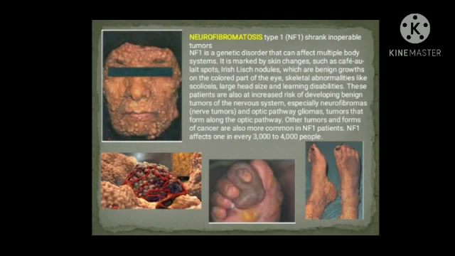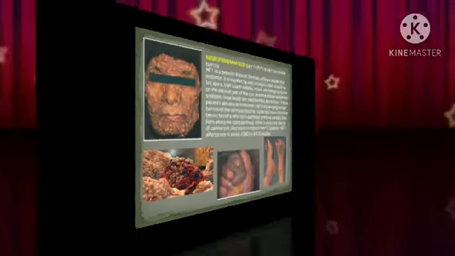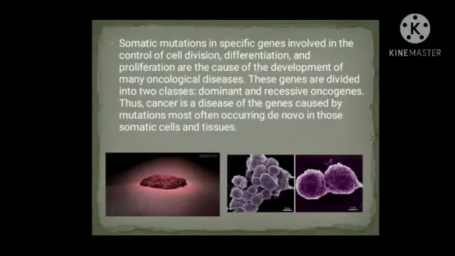It is marked by skin changes such as café-au-lait spots, Lisch nodules, which are benign growths on the colored part of the eyes, skeletal abnormalities like scoliosis, large head size, and learning disabilities.